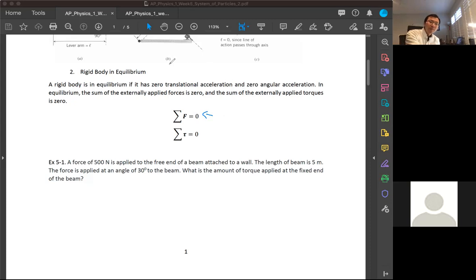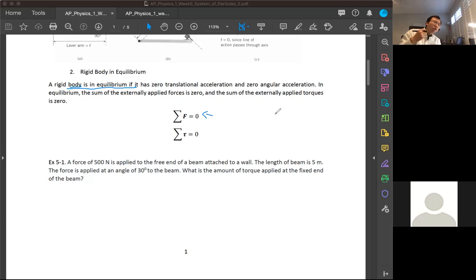Okay, but first we need to clarify that a body, or your object, in equilibrium doesn't need to be stopped. It can move at a constant speed, right? I should say it should move at constant velocity, or it stops. Either way we say that it's in an equilibrium position.